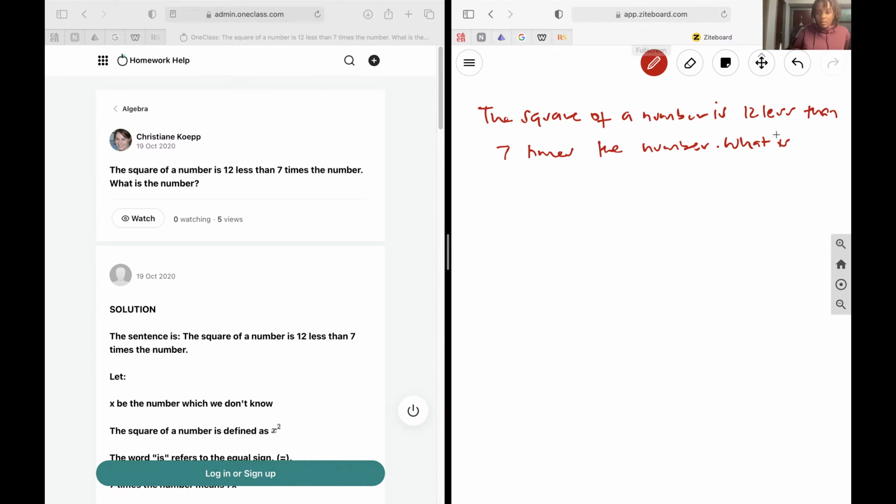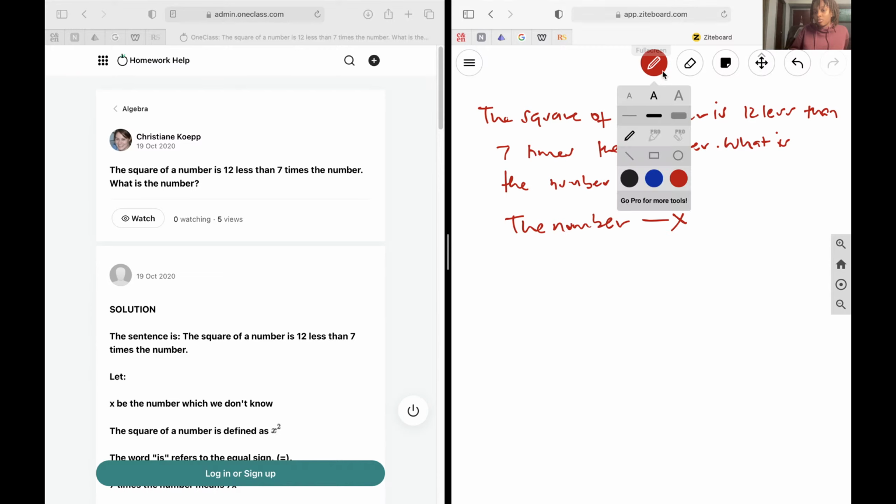What is the number? So in this question, my variable, what I'm looking for, is the number. It's what I've been asked for. So I can decide to call the number x.